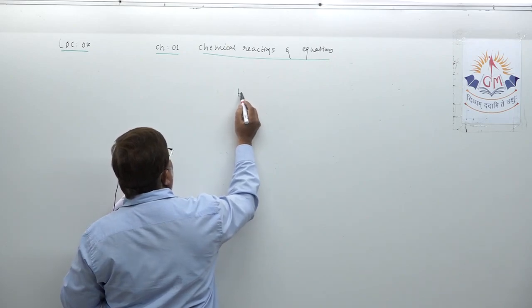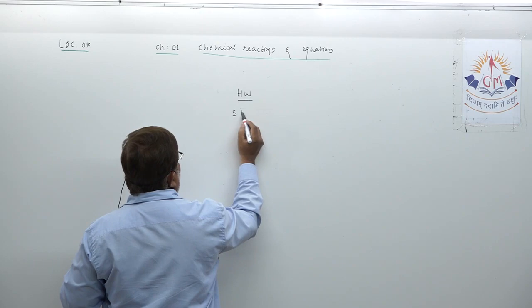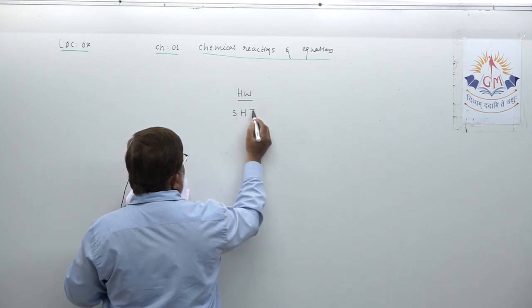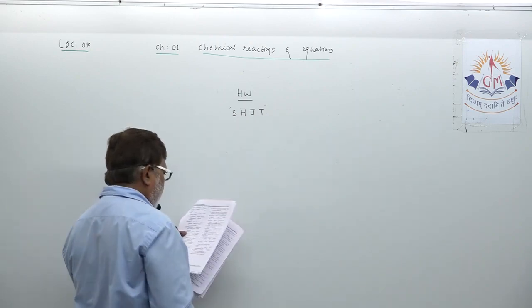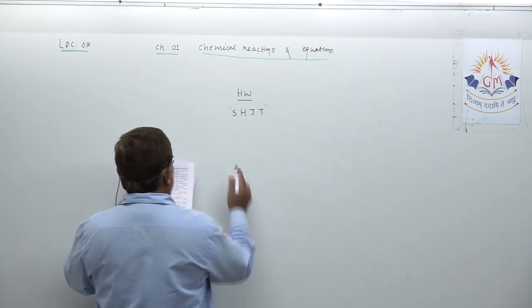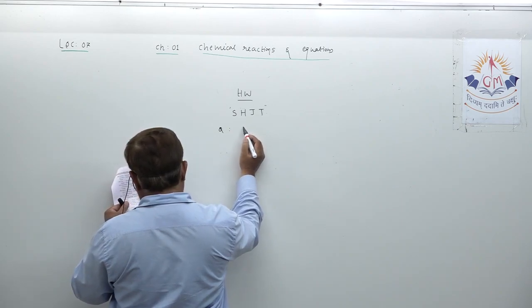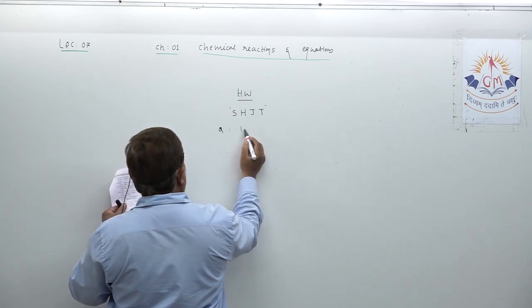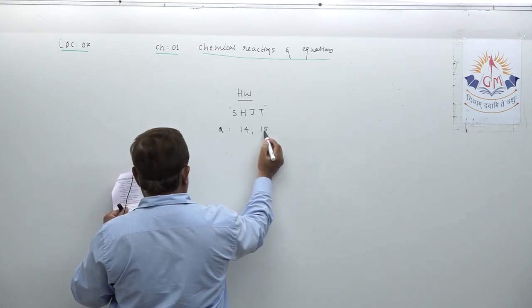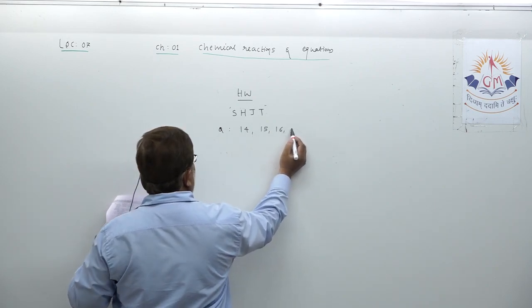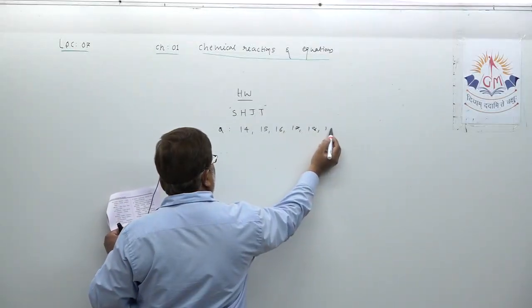From our section, we call it SHJT. Understood? You have to write question numbers. I am mentioning the numbers here: number 14 that you will write, then number 15, 16, 17, 18 and 19 as well as 20.